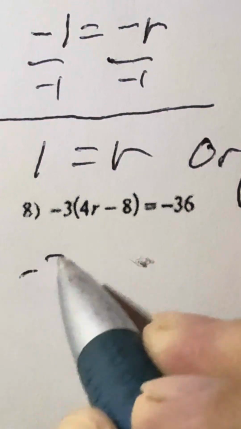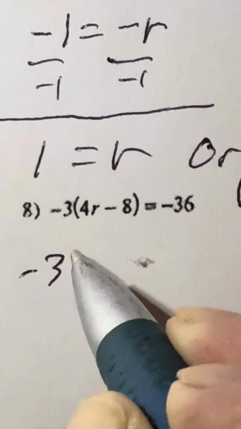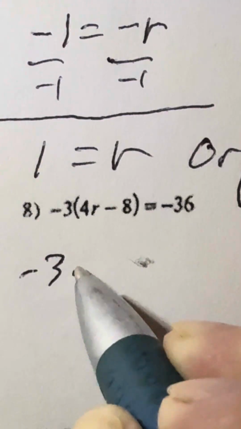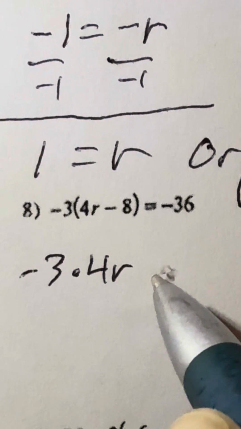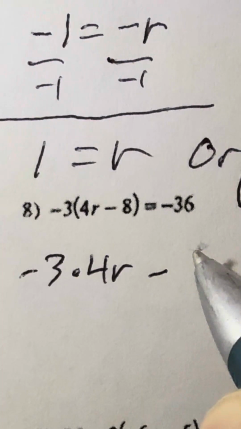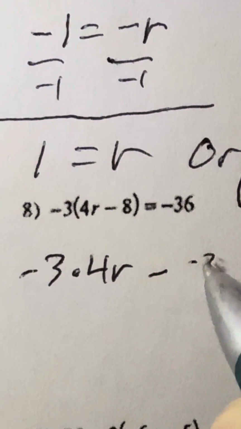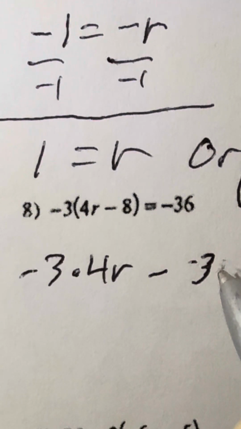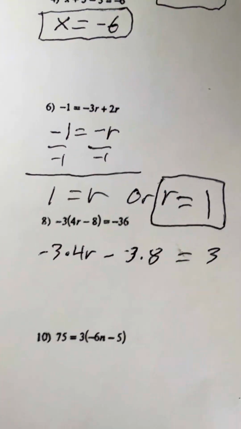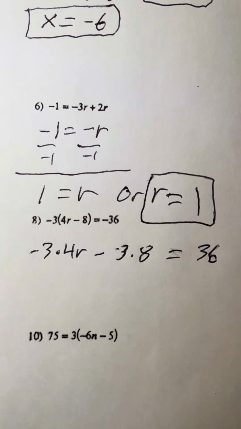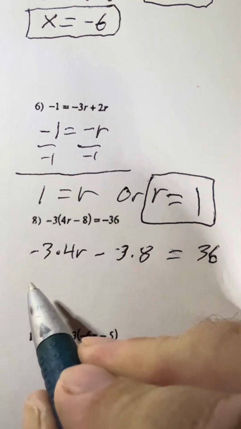So negative 3 times 4r minus negative 3 times 8 equals negative 36.